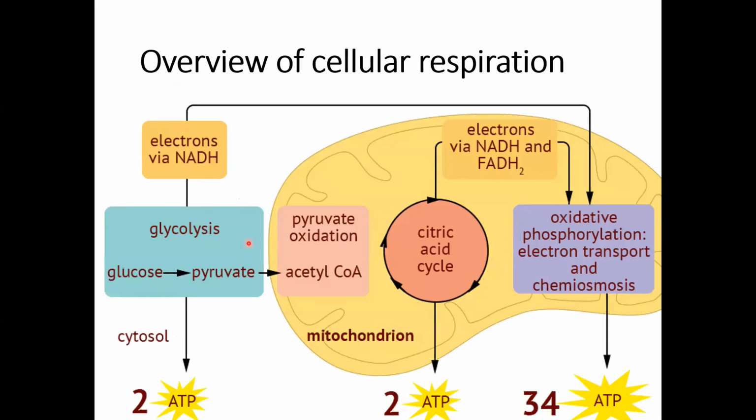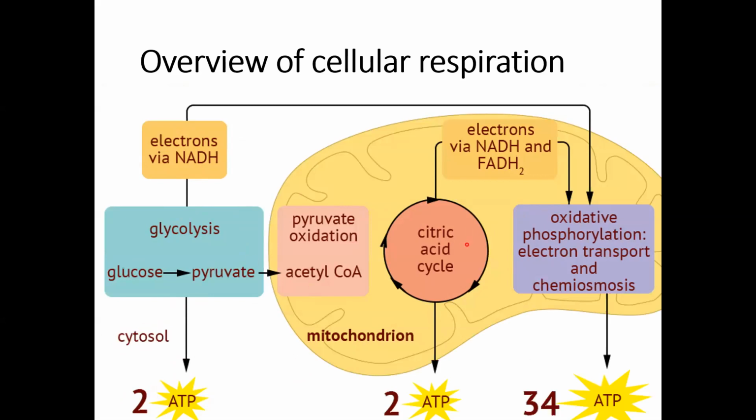Here is an overview of cellular respiration. You have glycolysis, citric acid cycle, and oxidative phosphorylation. In glycolysis, you start with glucose and you end with pyruvate. You also generate NADH and 2 ATPs, 2 net ATPs, I should say. This occurs in the cytosol.